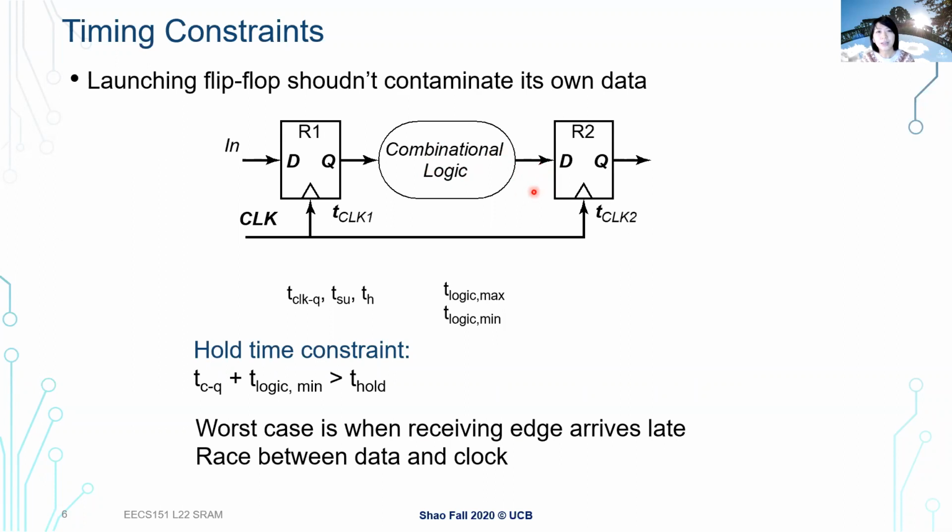So there's no simple workaround like changing your clock frequency. You really need to think about what's inside your combinational logic and make sure there are no short paths in your circuit, which can trigger this race condition and the hold time violation.